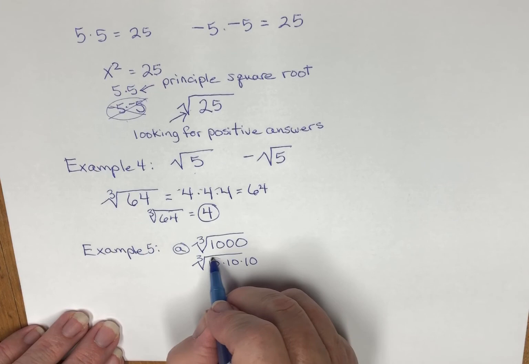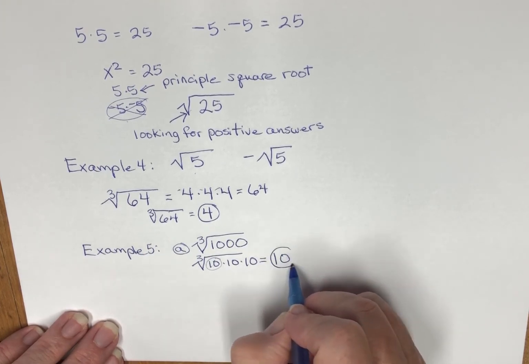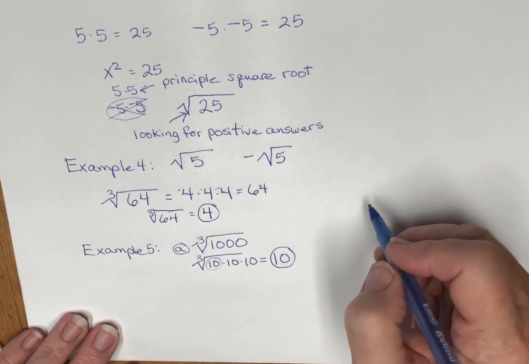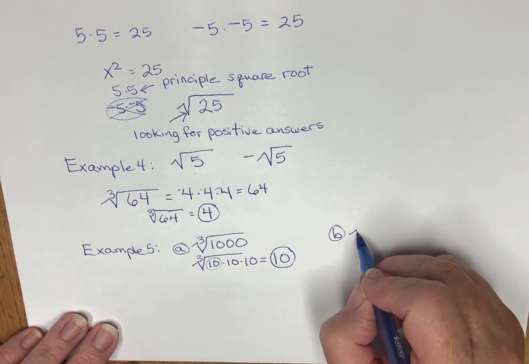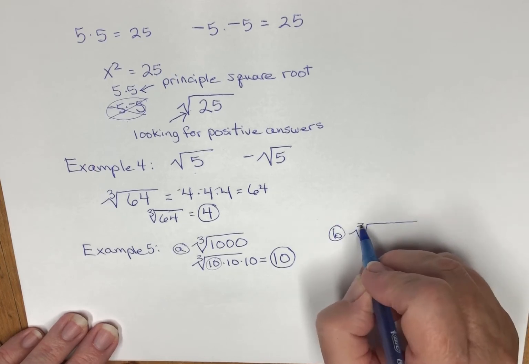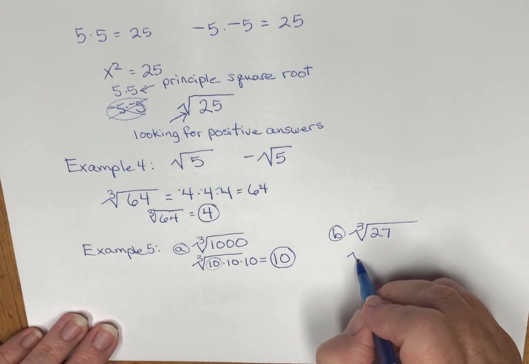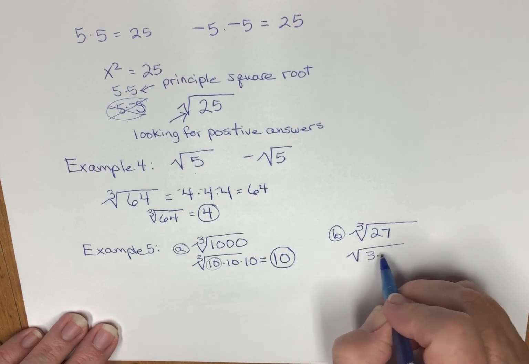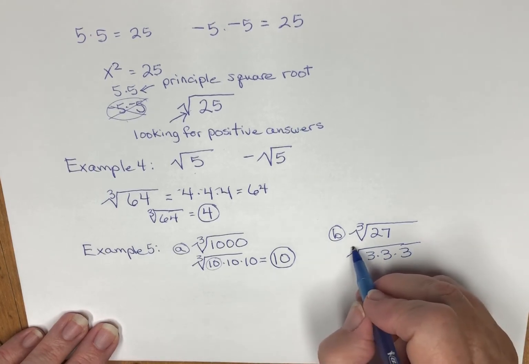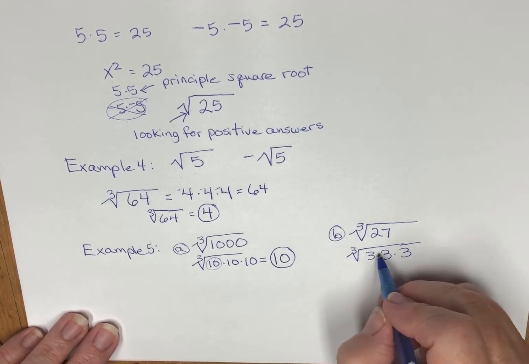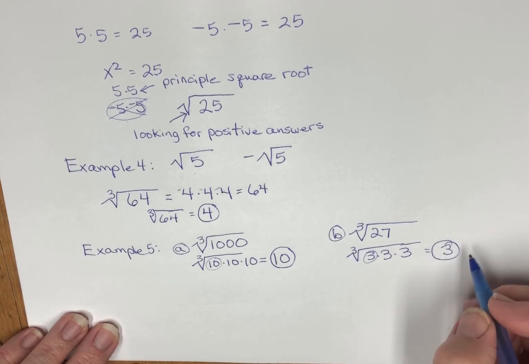And so we select 1 out of here, bring it out. It's actually going to be the number 10. That is the cubed root of 1,000. Look at this one. This is B. Cubed root of 27. Well, we know that 3 times 3 is 9. 3 times 9 is 27. There is our cubed root of 27. We take one of those out of there, and our answer is going to be 3.